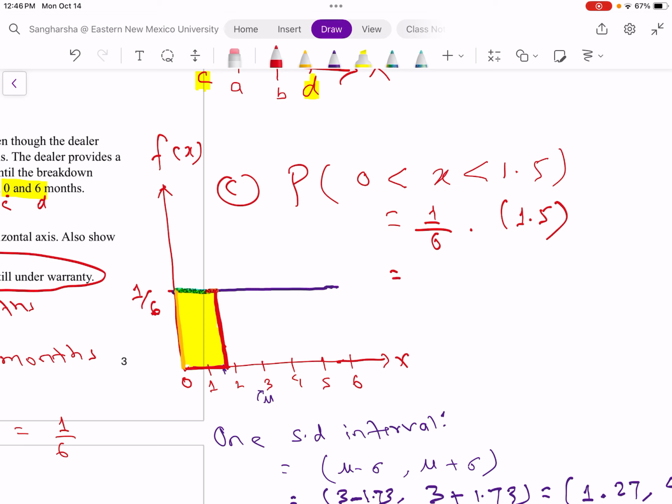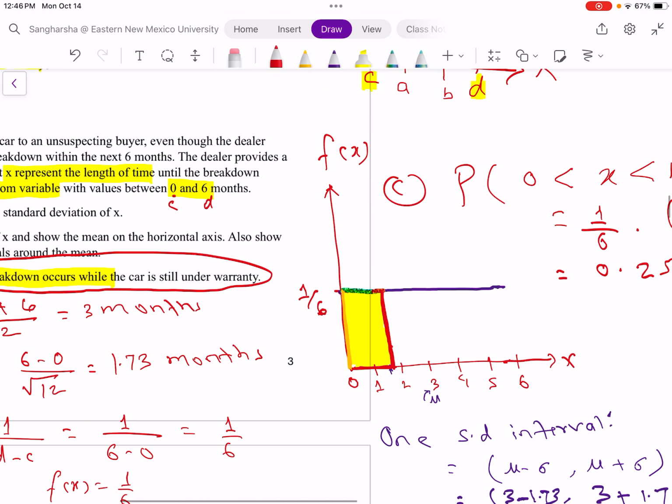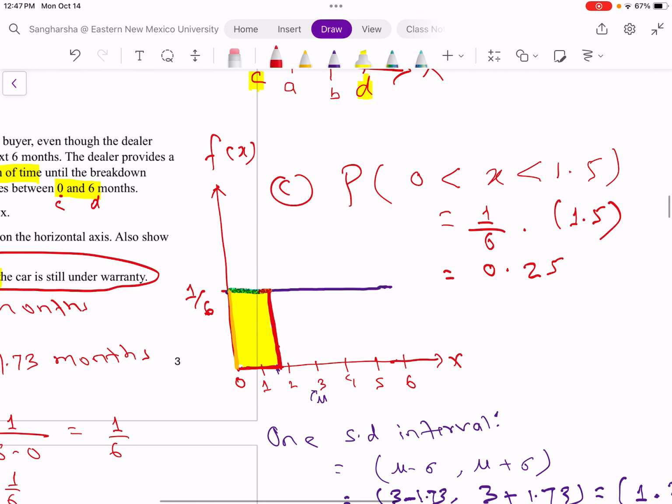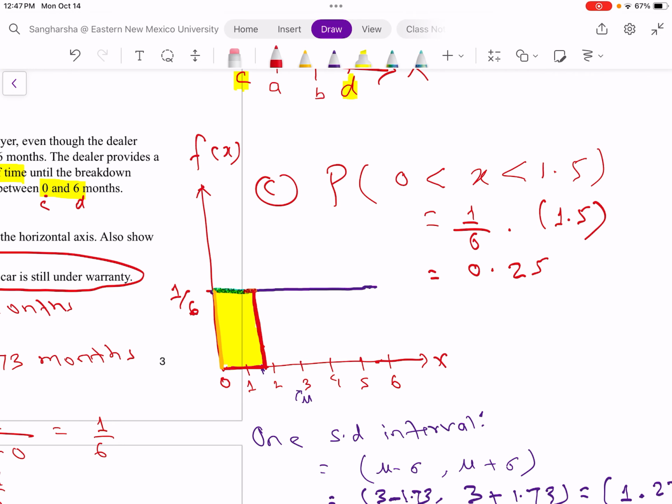And 1/6 times 1.5 is 0.25. And this is the probability that the breakdown occurs under the warranty. So finding probability is finding area under the graph, and we use this only if we have a continuous random variable.